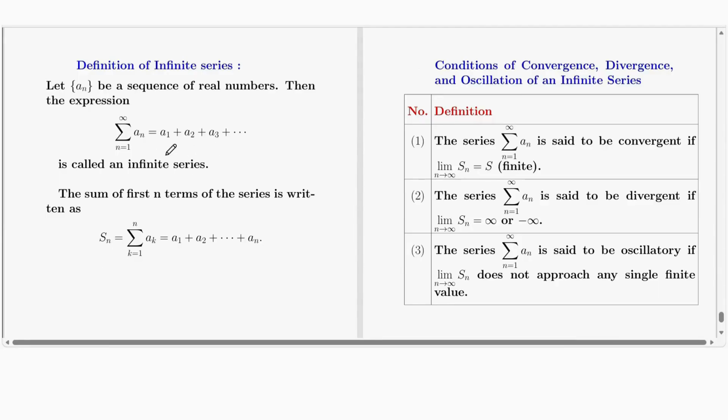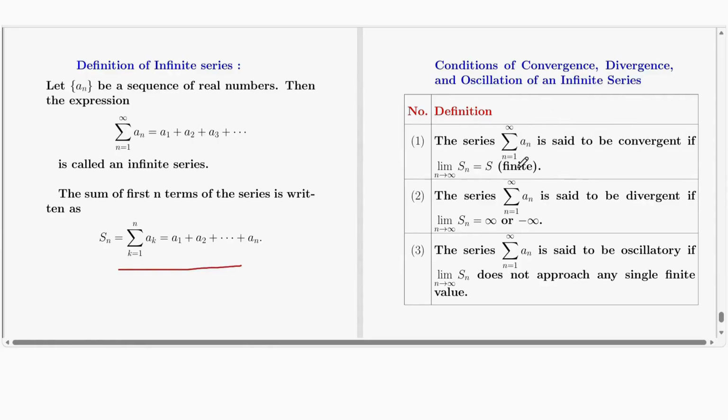This series contains an infinite number of terms, but from the infinite number of terms take only the first n terms. Okay, so that's why k is 1 to n. Now put k equal to 1, so we get a1, k equal to 2 a2, plus k equal to 3 a3, up to k varies from 1 to n. So last element is what? an. Okay, so this is the sum of first n terms of the series and it is written as Sn.